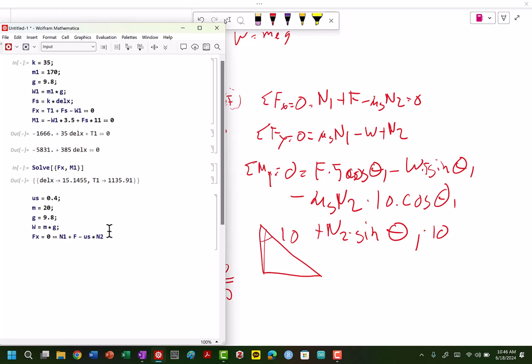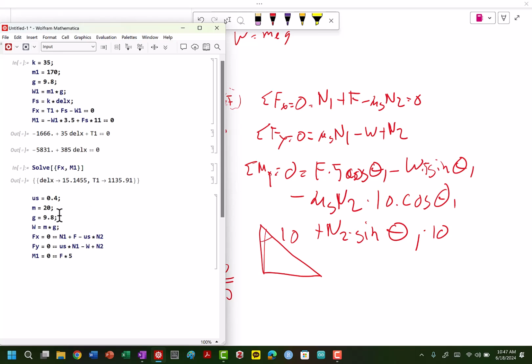There we go. That's one equation. Fy equals 0, which is also equal to mu s times n1 minus w plus n2. And then finally, m1 equals 0. Set that equal to f times 5.